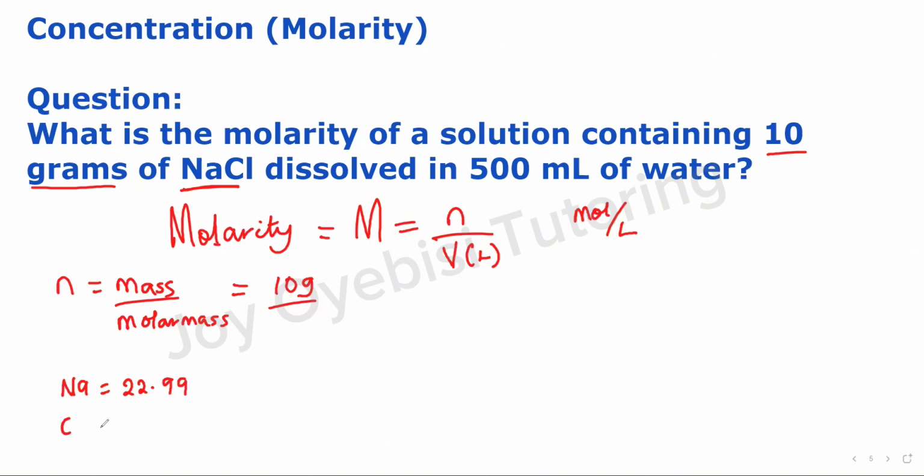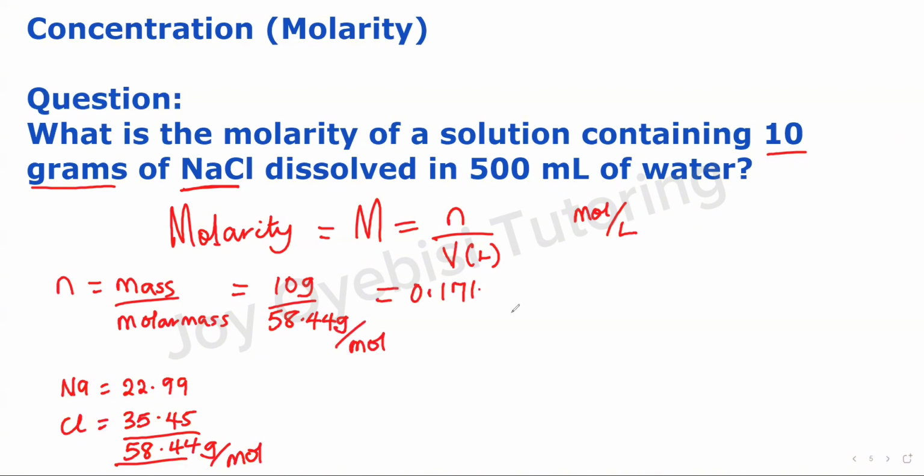Now chlorine, only one as well, which is 35.45. So together, this gives 58.44 grams per mole. Now go ahead and divide the 10 grams by 58.44 grams per mole. When you divide, this gives us 0.171 mole.